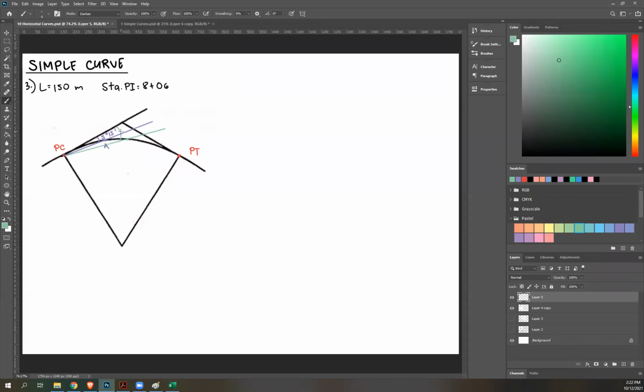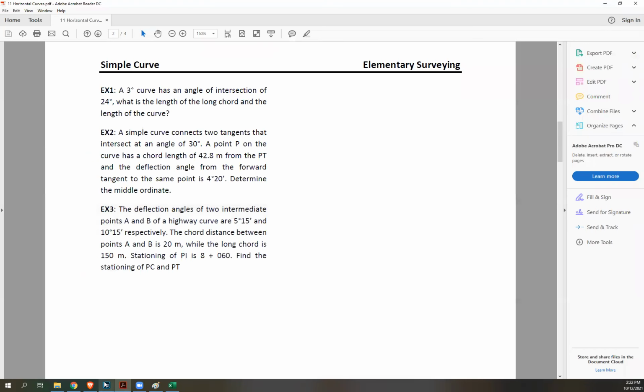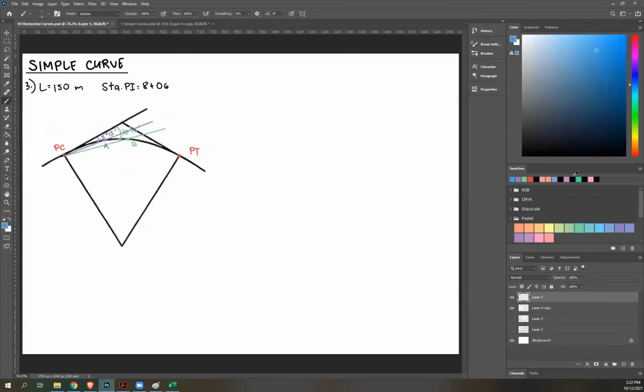This is point B. The chord distance between A and B is 20, so draw a straight line, that's 20. That's the chord distance.